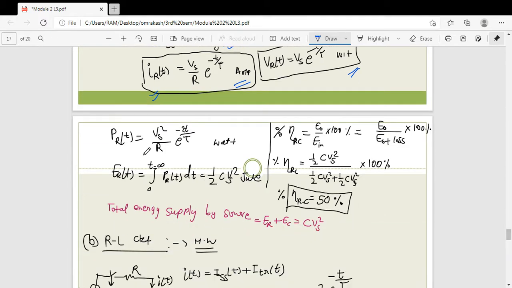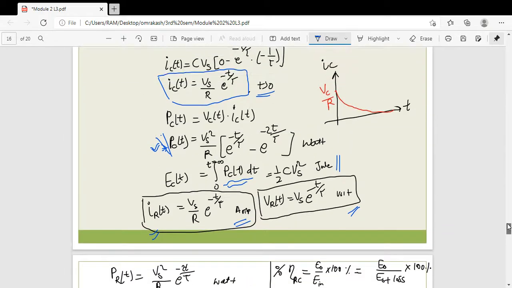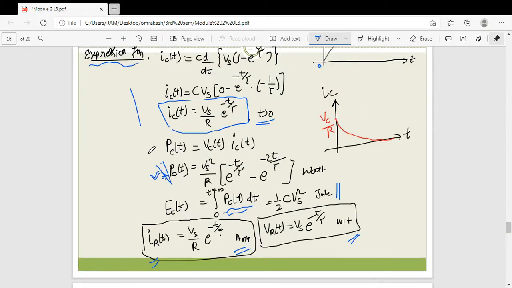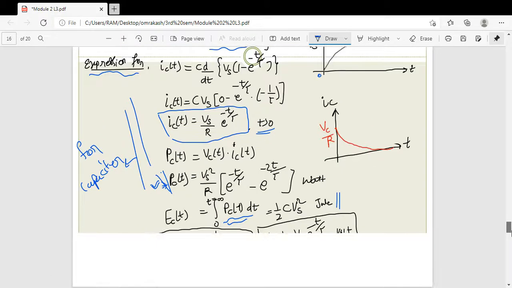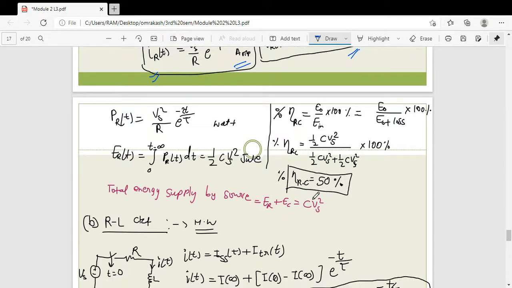Now above we discussed all the parameters for the capacitor, and below we will discuss all the parameters for the resistance, and then we will comment on the efficiency of the circuit.